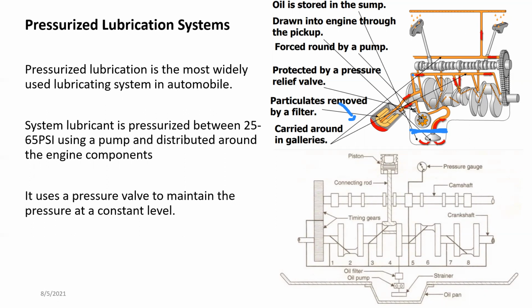And from the gallery itself, there's another line that sends the pressurized engine oil into the head. In the head you have the valves and camshaft, and all of these places also get lubricant.